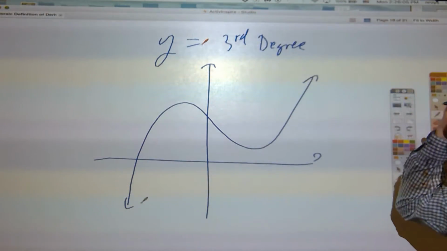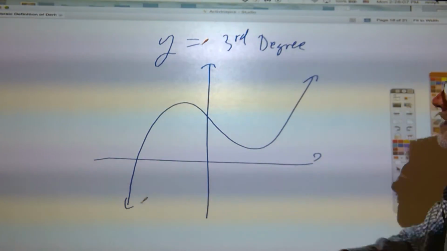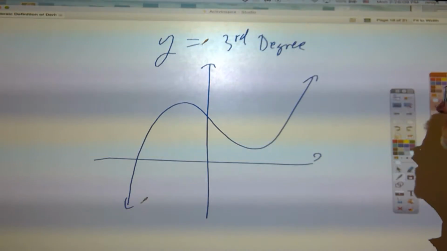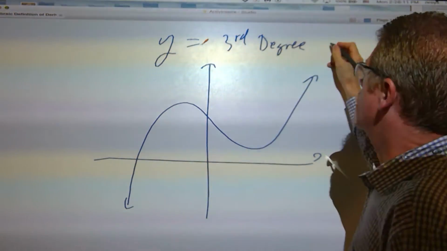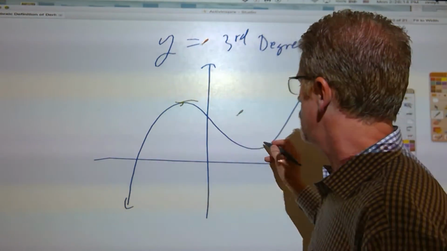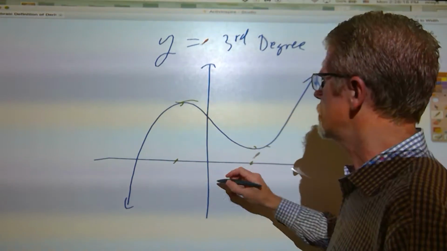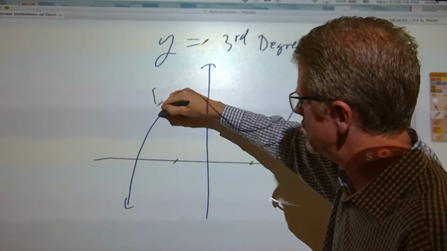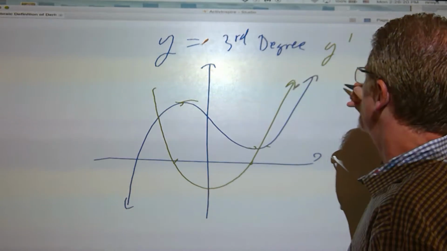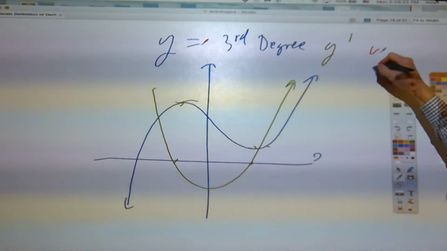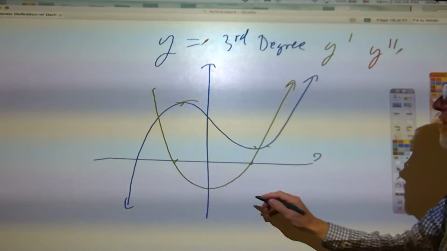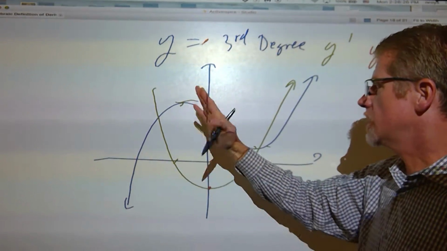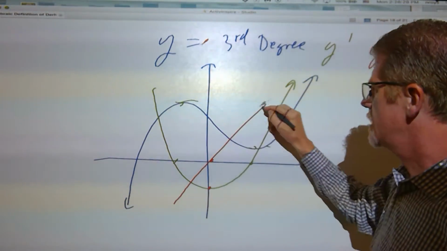Not every third degree function has 2 turns, but some of them do. So it's like, okay, 2 turns, and then for y prime, you're expecting there to be just 1 turn. It goes from positive slopes, so it's going like this. That's y prime. And then y double prime has only 1 turn because, look, goes from negative slope to positive, so it looks like that.